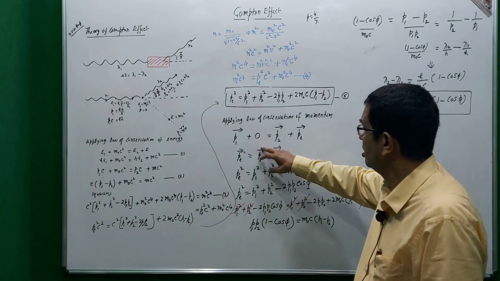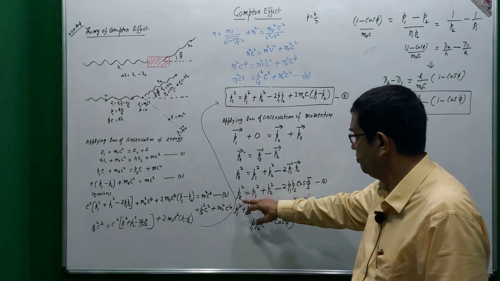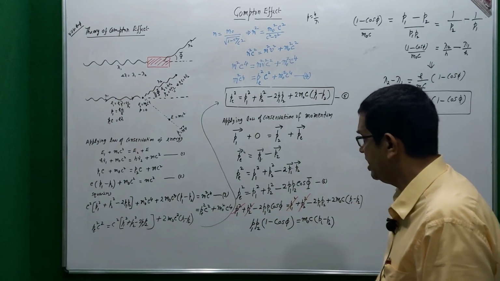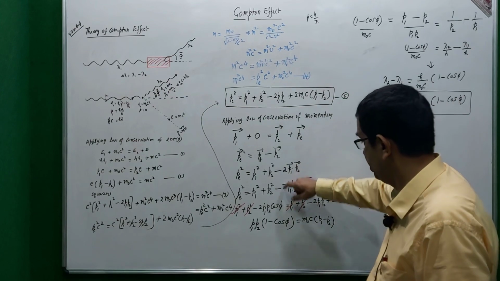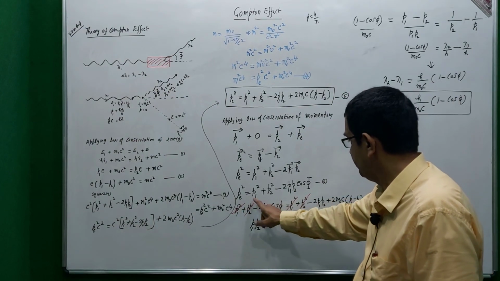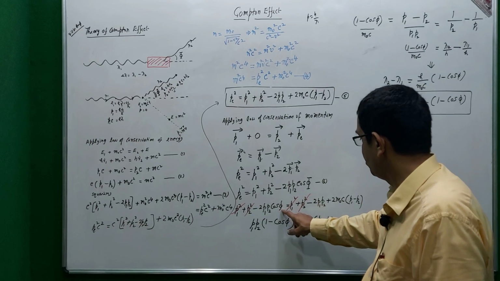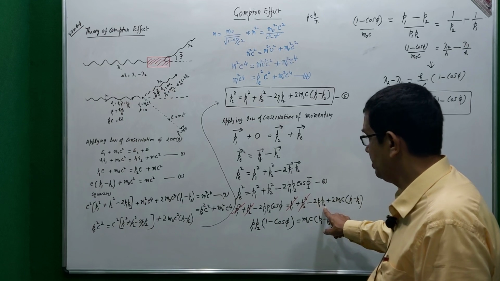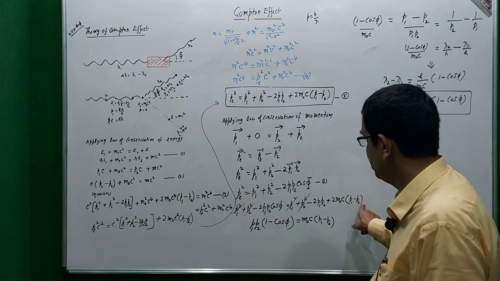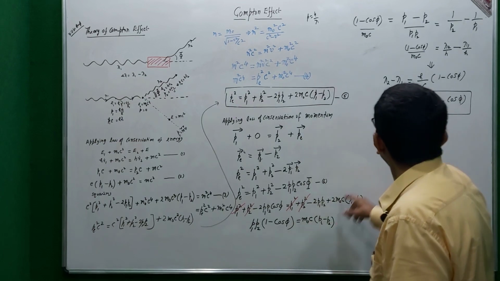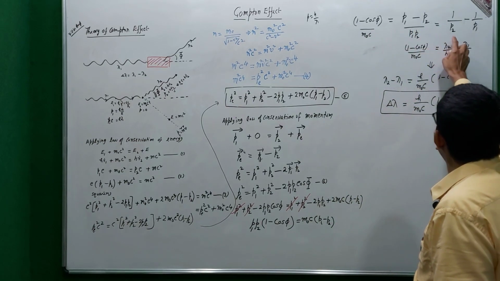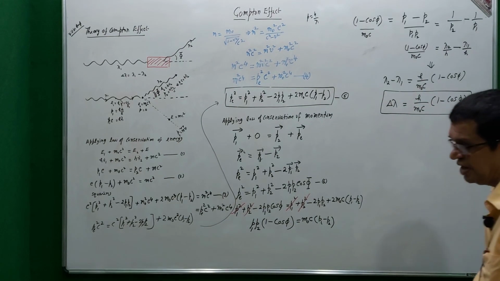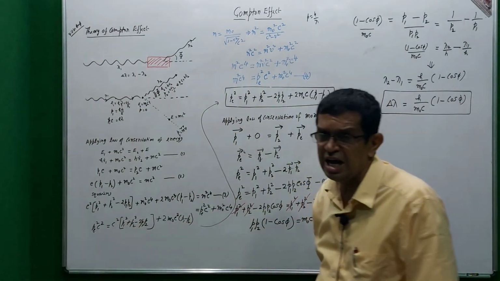Then using the law of conservation of momentum, you got P square, and similarly here the P square, and then we substituted, so this equation becomes P1 square plus P2 square minus 2 P1 P2 cos phi is equal to P1 square plus P2 square minus 2 P1 P2 plus 2 m naught c into P1 minus P2. Ultimately we got the expression delta lambda equal to h by m naught c into 1 minus cos phi. Please go through the full derivation.